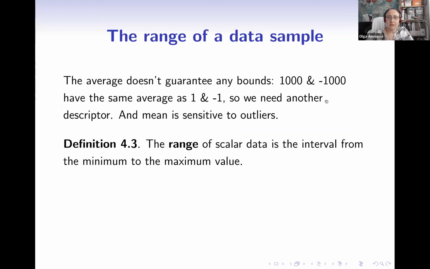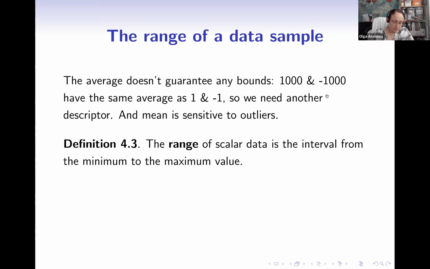So we've seen that the average is a nice measurement, but unfortunately it's not enough, because if you don't know the bounds, the average can be the same for -1 and 1, or for -1,000 and +1,000. They will have exactly the same average.